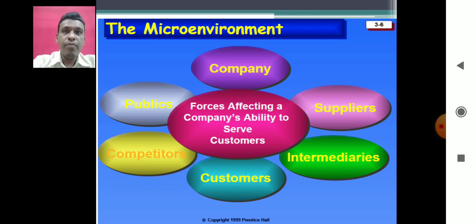Then, when we are talking about customers, who are our customers? As we have discussed earlier, customers are those people who purchase our products or services from us. They are very important because in commercial thinking, no customers means no profit, and no profit means no company. So in such a scenario, our customers are actually the king when it comes to marketing.